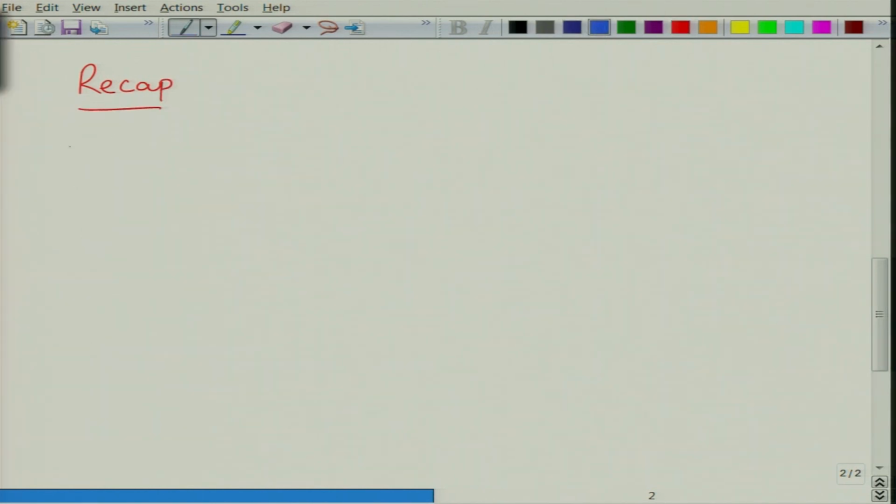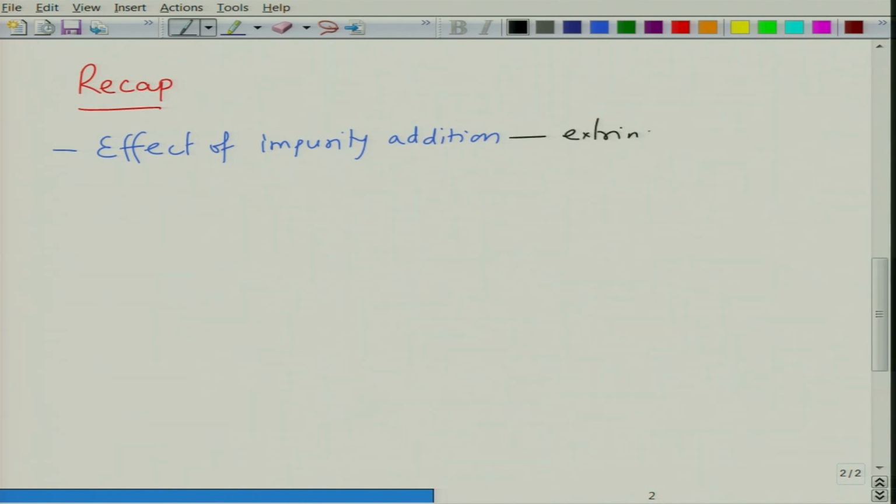So, in the last lecture we looked at the effect of impurity addition. Generally, impurity addition leads to formation of an extrinsic region when you plot concentration versus temperature.